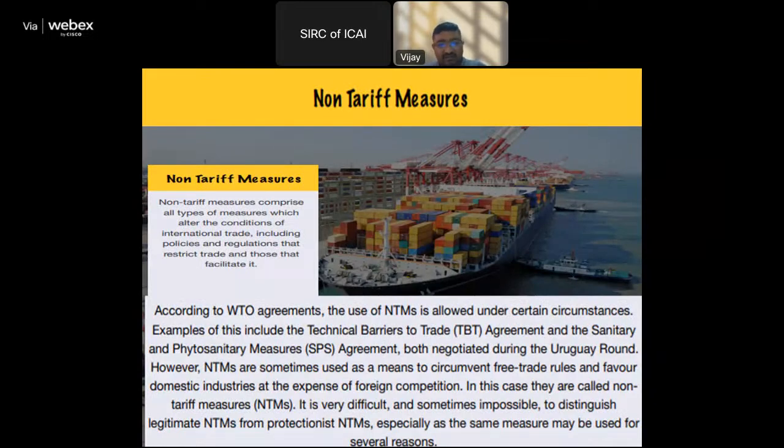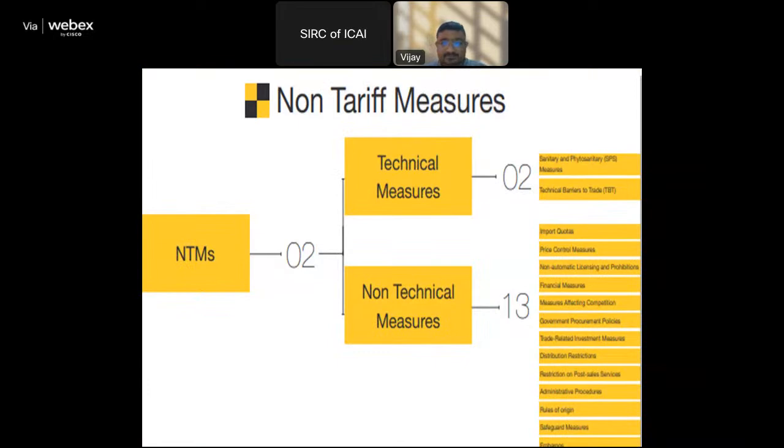Non-tariff measures. So we have technical barriers to trade, sanitary and phytosanitary measures. These all amount to non-tariff measures. See, non-tariff measures are divided into two: technical measures and non-technical measures.